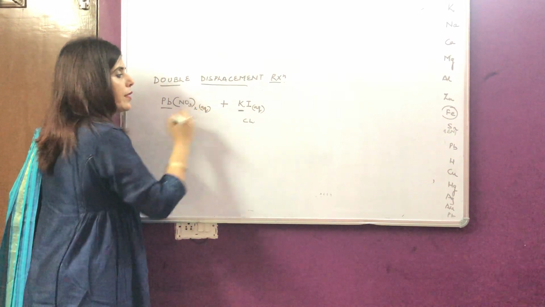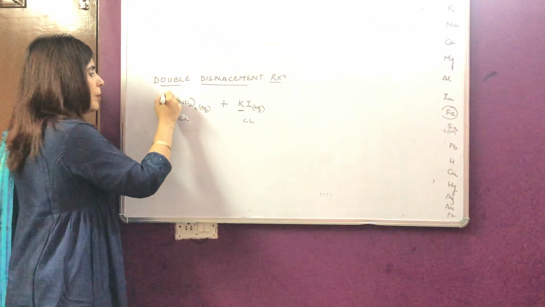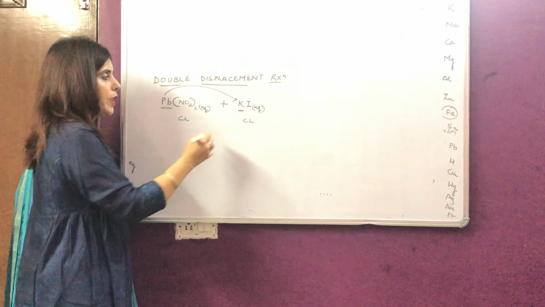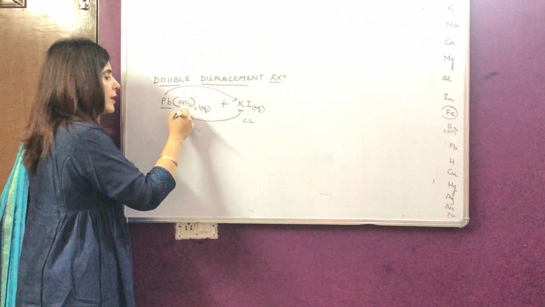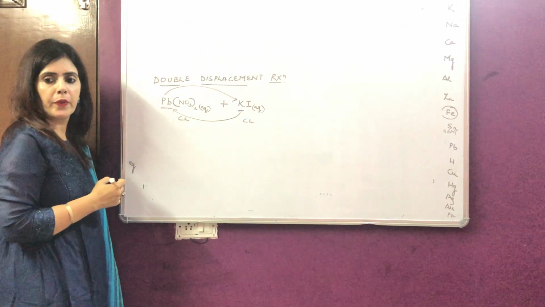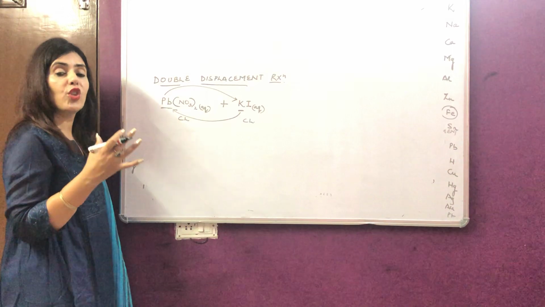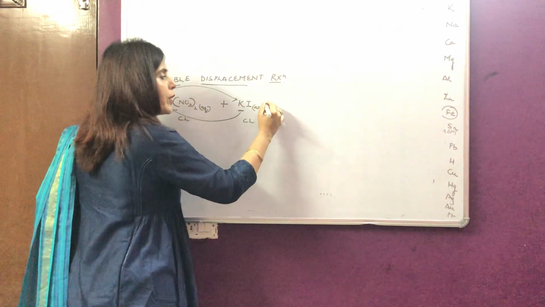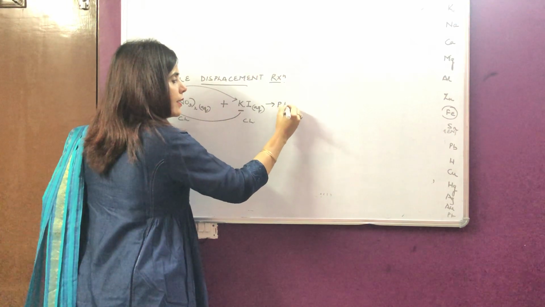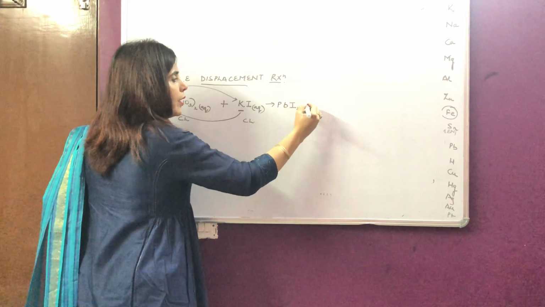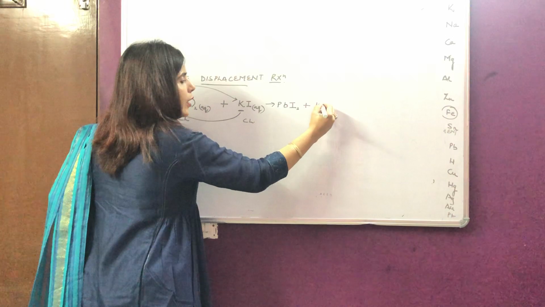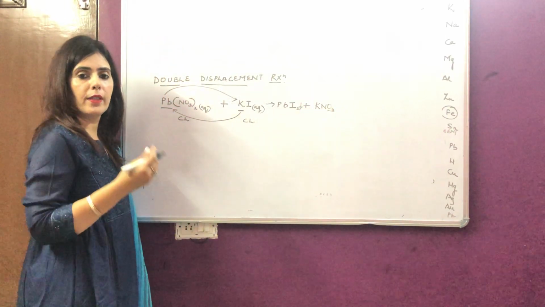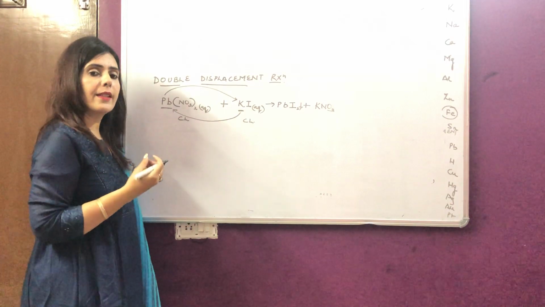K+1 is the cation. Now Pb+2 will go and sit at the place of K+1, and K+1 will come and sit at the place of Pb. That is, they are going to exchange their cations. And two new products were formed yesterday, that is PbI2 and KNO3. And I told you all that a yellow semi-solid substance settles down.